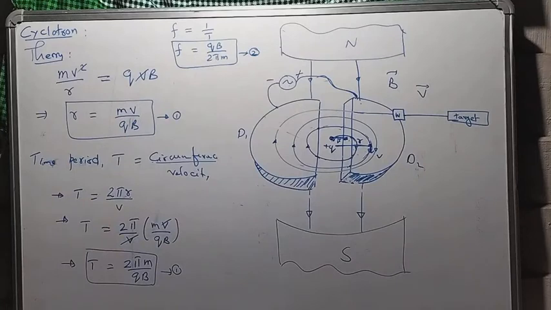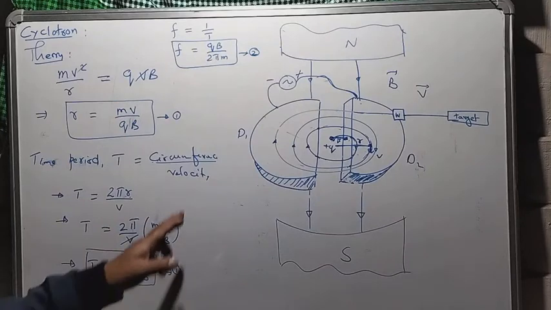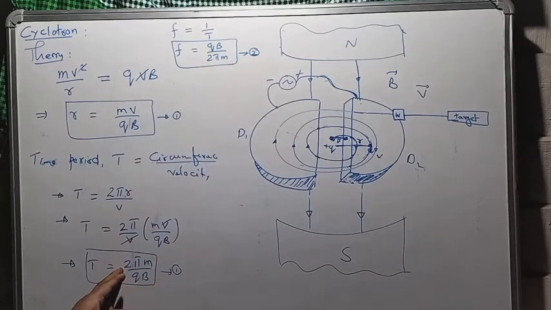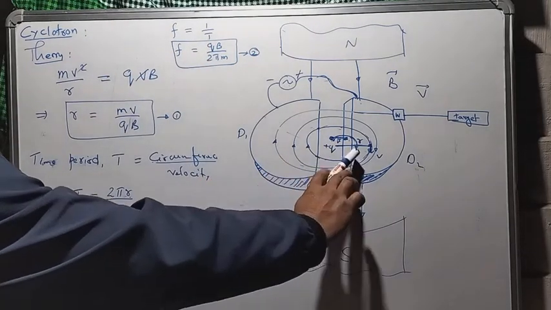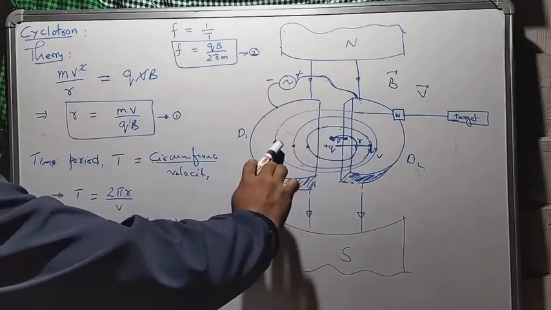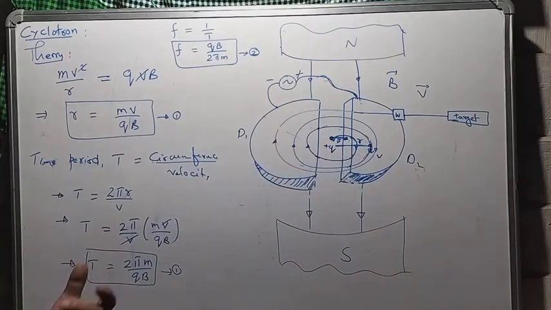Now looking at these two, equation number 1 and equation number 2, you will find there is no r and there is no v. No r, no v. So this means that the time period of revolution of the charged particle is independent of the radius and the velocity of the charged particle.